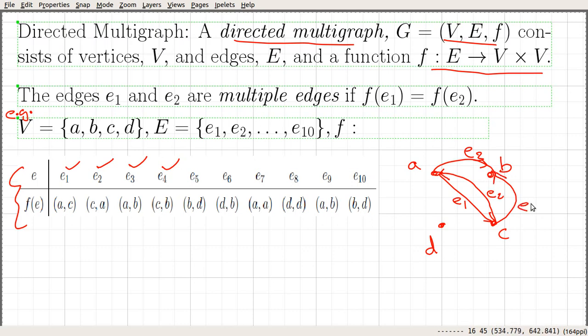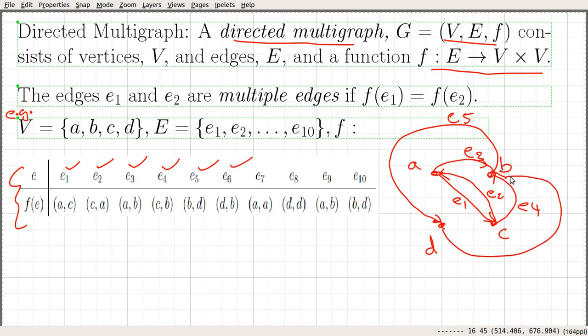So this is E4. E5 is BD, so it is directed towards D. So this is E5. E6 is DB, so it is directed towards B. So this is E6, and E7 is the ordered pair AA, and that corresponds to a directed loop from A to A.